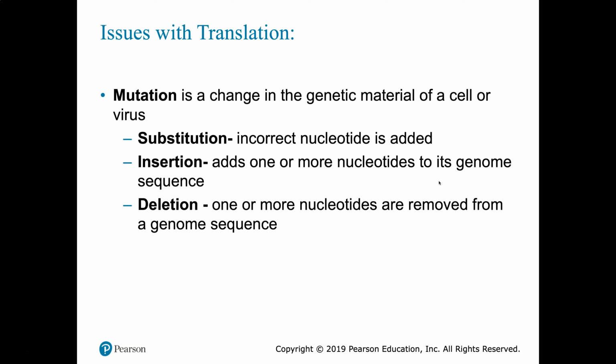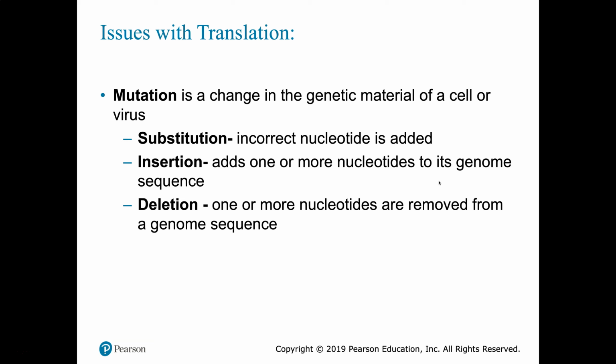The original amino acid coded for was serine, but now that it's CAC, it codes for isoleucine. It codes for a different amino acid. That is called a missense mutation.